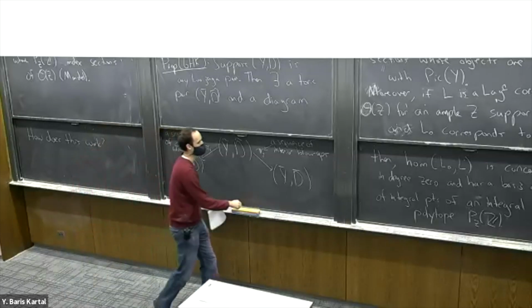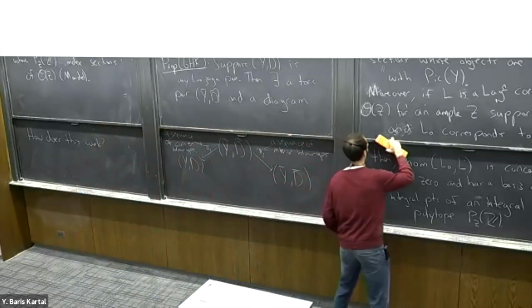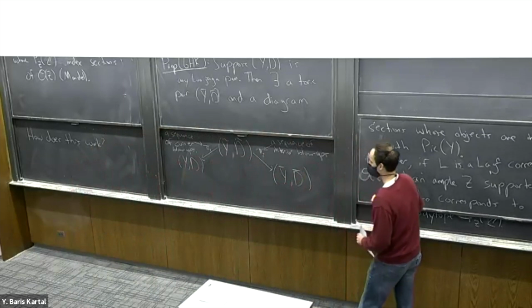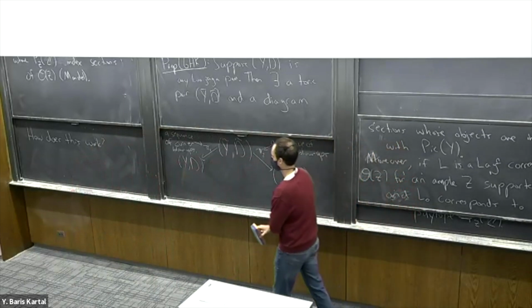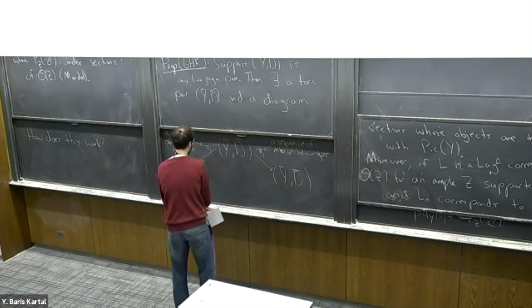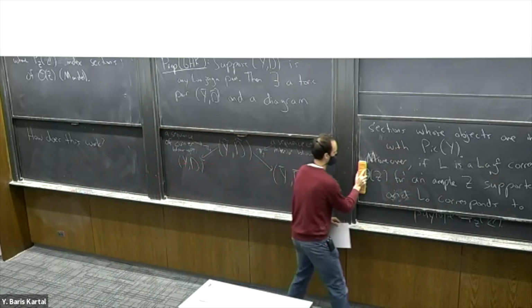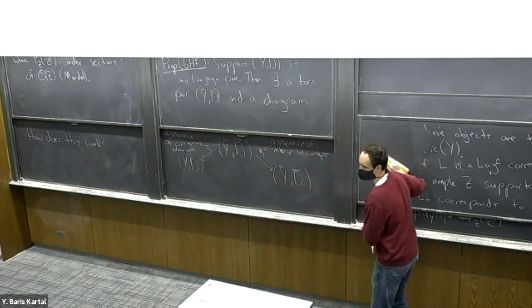Okay, so let me do one example of this. These pairs are closely related to cluster varieties.